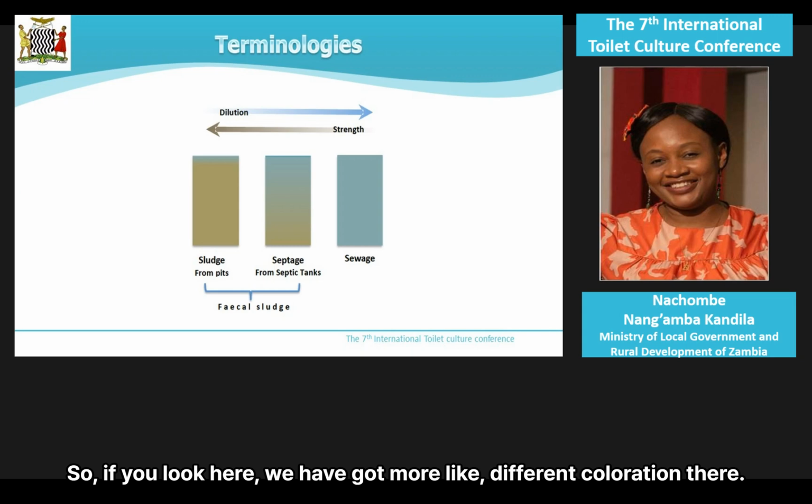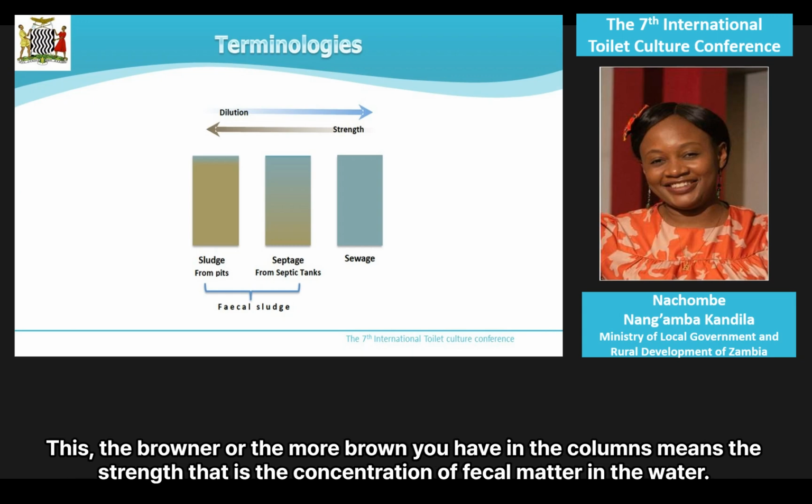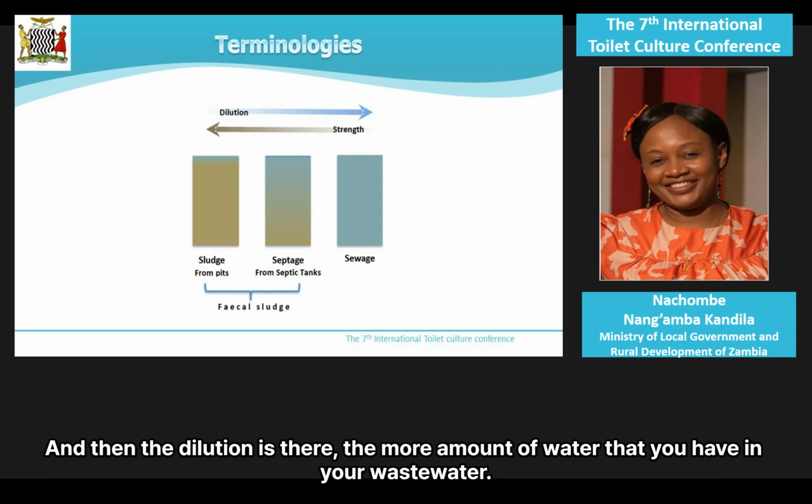If you look here, we have different colorations. The browner you have in the columns means the strength, that is the concentration of fecal matter in the water. And then the dilution, of course, is the greater amount of water that you have in your wastewater.